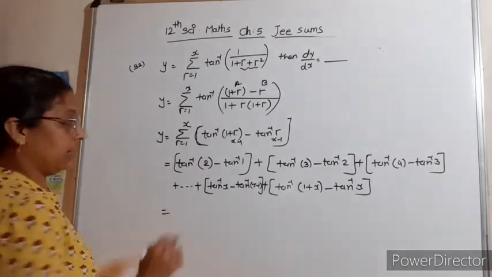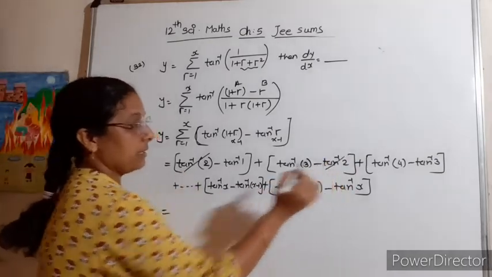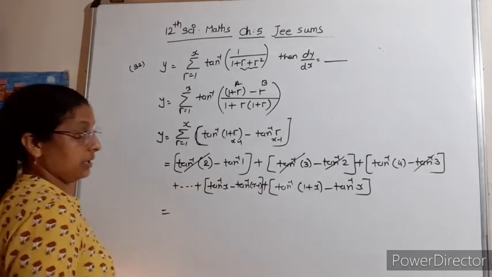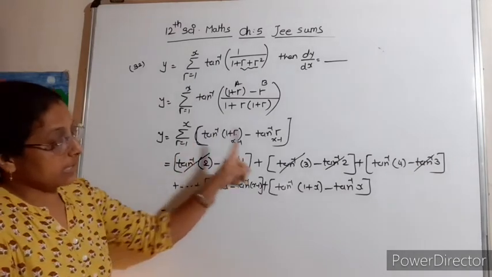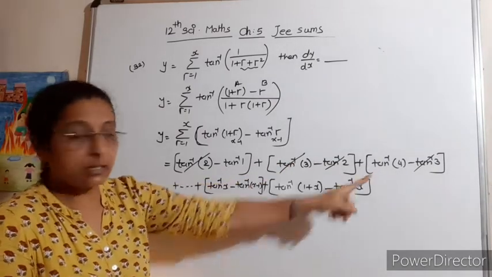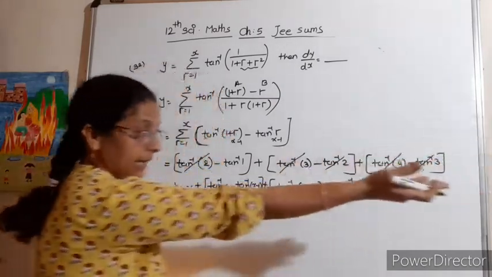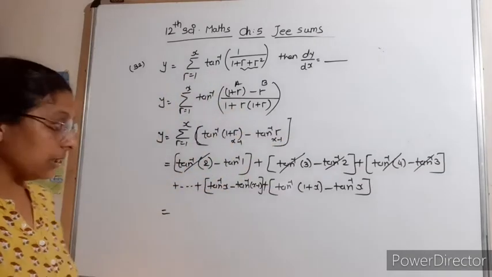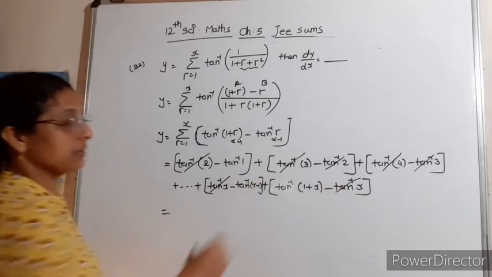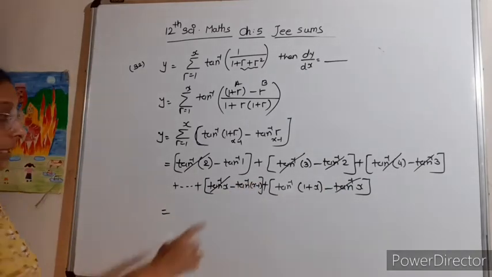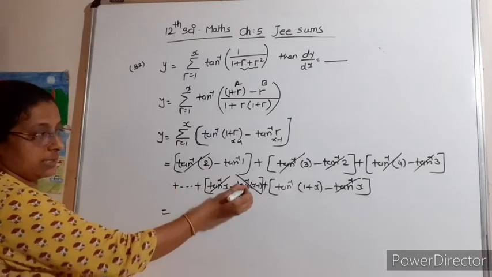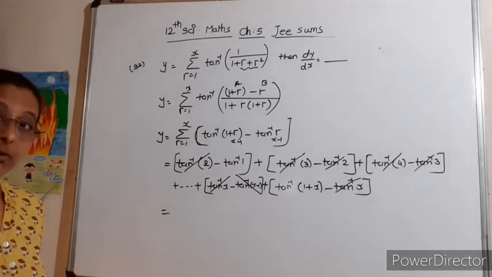अब कैंसल क्या हो रहा है tan inverse 2 minus tan inverse 2, tan inverse 3 minus tan inverse 3. पहला ही टर्म सेकेंड ब्रैकेट की सेकेंड टर्म के साथ, फिर ये उसके बाद में सेकेंड टर्म, तो ये भी उसके बाद में सेकेंड टर्म के साथ, ऐसी सारी कैंसल होती जाएगी. ये tan inverse x कैंसल विद दिस. समझ में आ रहा है आपको? ये किसके साथ होगा? आगे के साथ कैंसल होगा, उसकी फर्स्ट टर्म इसकी सेकेंड टर्म के साथ से कैंसल होती जाएगी.